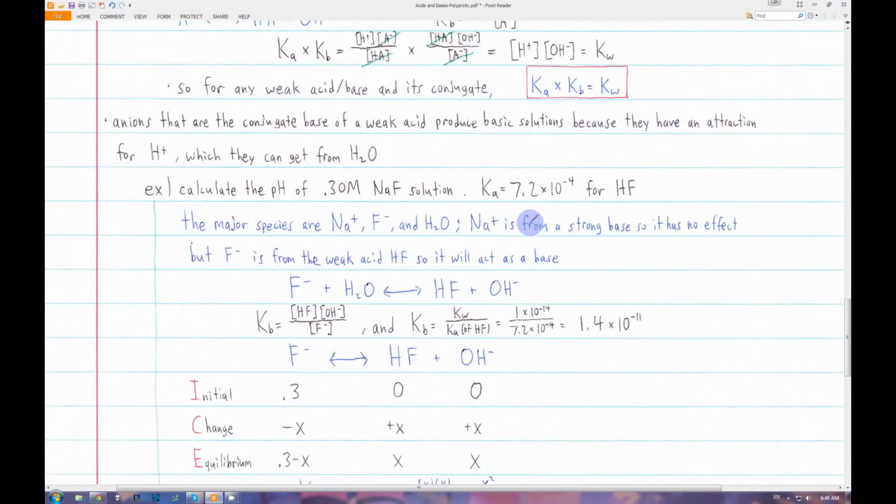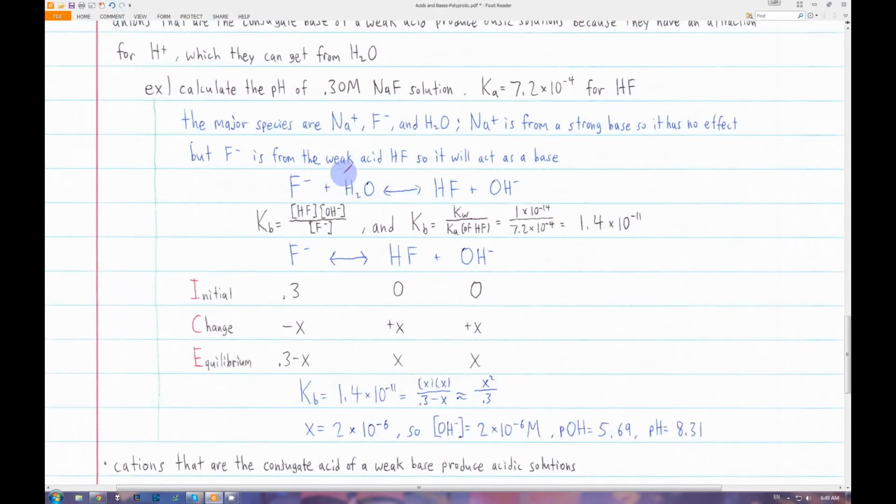Say we have a 0.3 molar solution of sodium fluoride. If we look at a table, we know that the Ka for hydrofluoric acid, which is the acid this ion comes from, is 7.2 times 10 to the negative 4th. In our solution, the salt will dissolve, so the major species are the Na+ ion, the F- ion, and water.